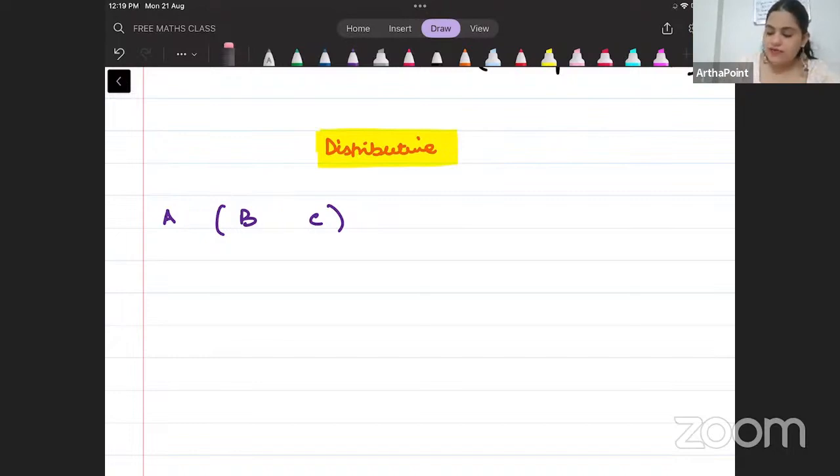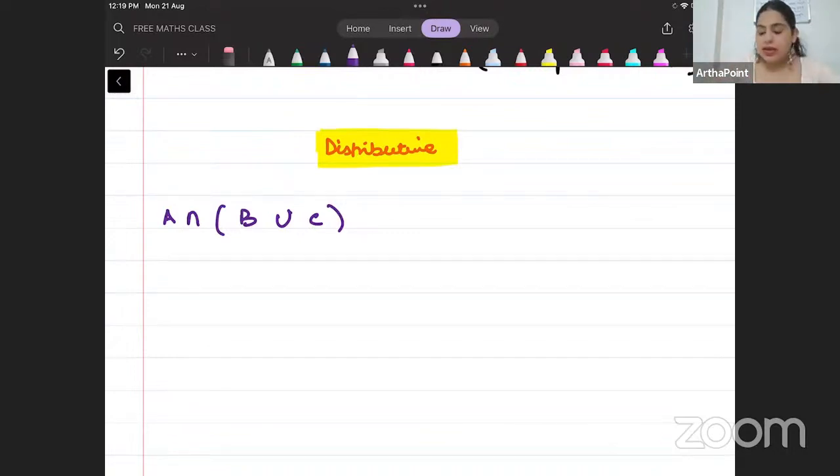Suppose you can also have A intersection B union C. Whenever you have intersection and union coming together, then the intersection distributes itself over the union.